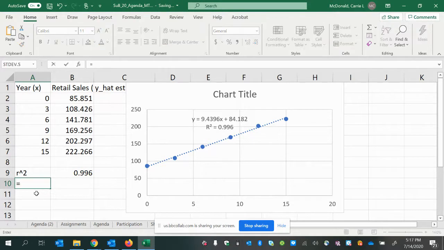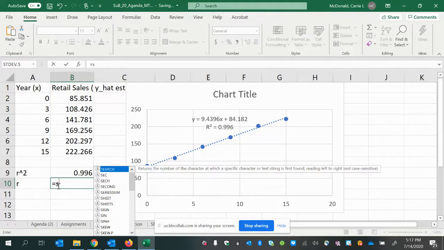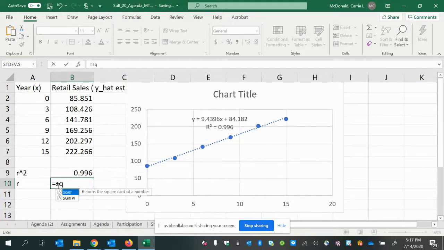But if I take the square root of that, I'll get my correlation coefficient, which measures the strength of the linear relationship between the two variables. So I'm going to use the square root function and select the R squared.